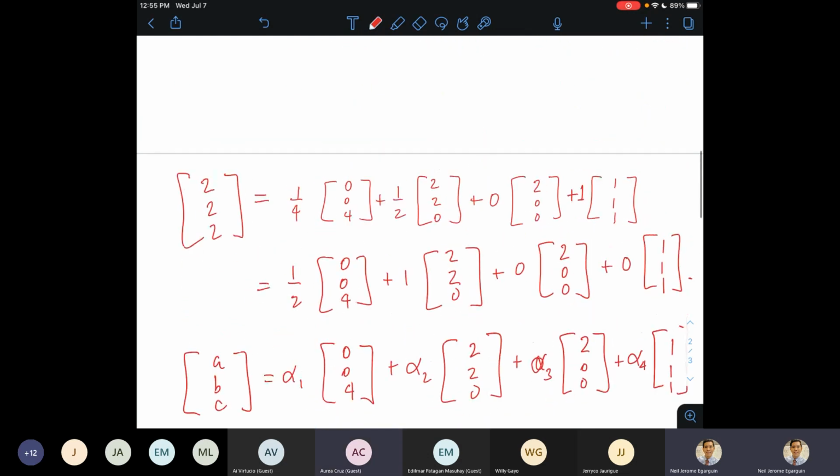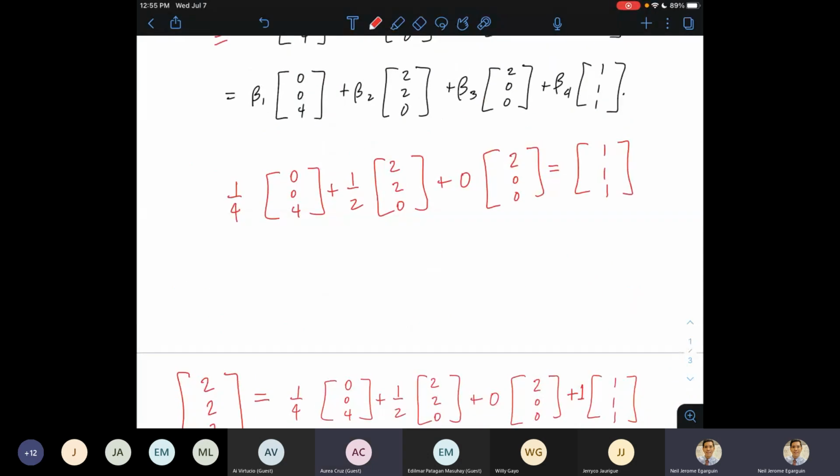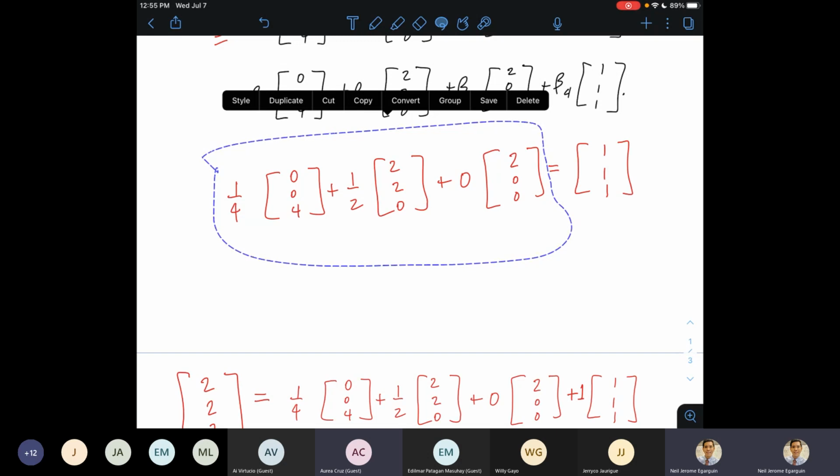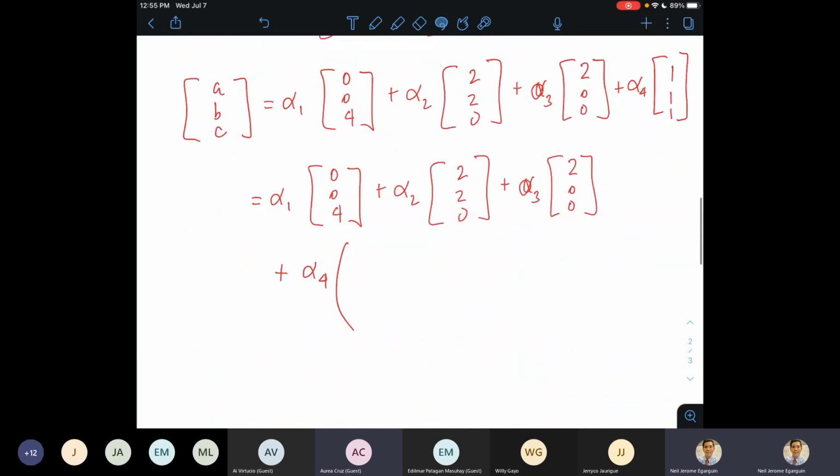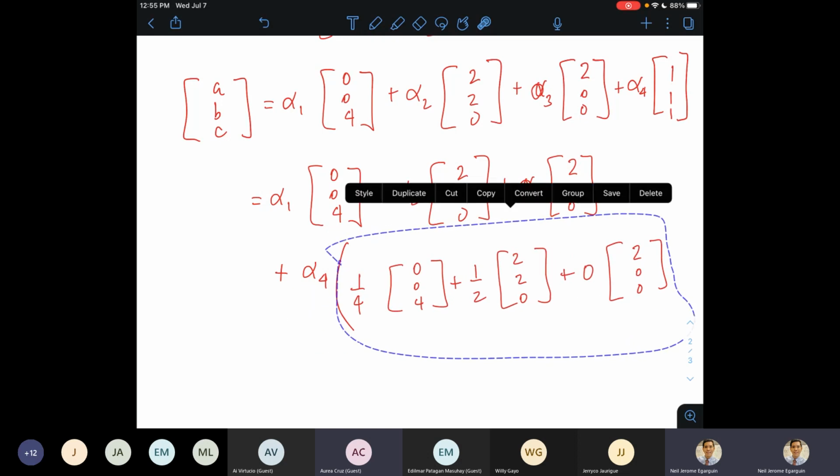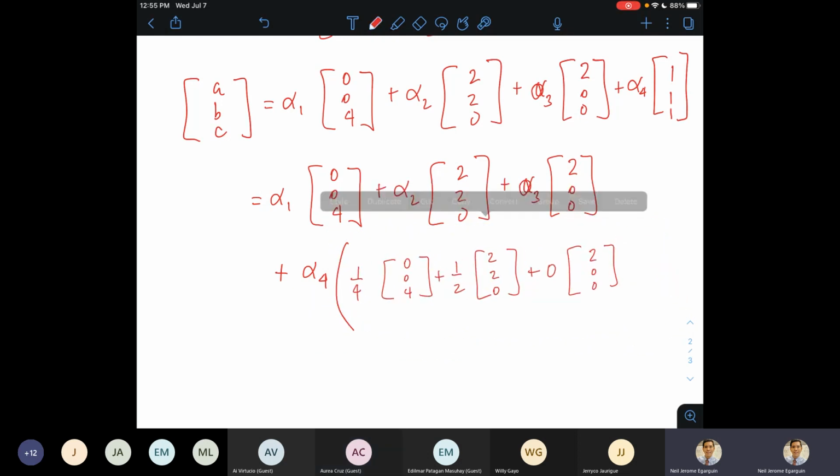Where is our representation for 1, 1, 1 here? Okay, so what I did is copy the first three terms in the generic linear combination, and then replace 1, 1, 1 using its linear combination representation in terms of the first three elements. The 1, 1, 1 is still in the last parentheses, and the equation is still valid.